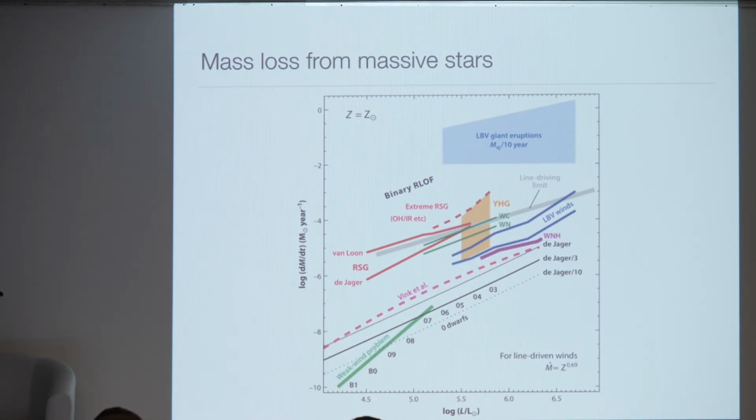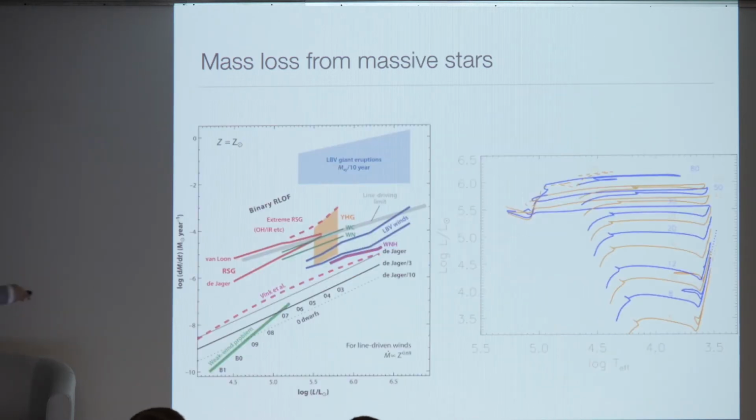In the main sequence, this is only luminosity, but of course temperature can be different, and the hot stars on the main sequence are expected to have a mass loss rate something like this. As the temperature gets cooler and the star goes to the red supergiant region, the mass loss rate can get something like here.